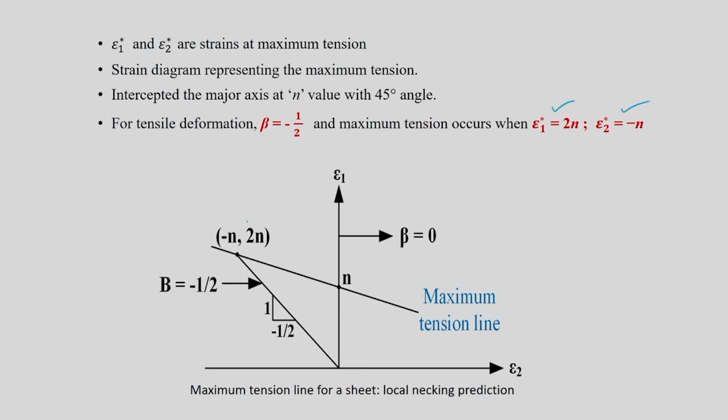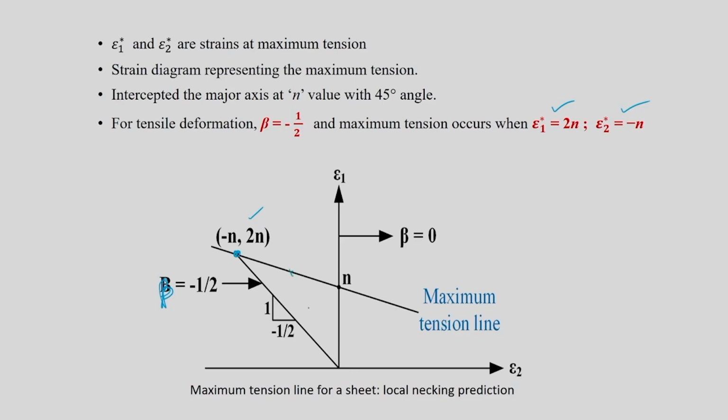So minus n comma 2n is the data point at which you are going to have localized necking if you follow beta equal to minus half. That is the meaning of this line.